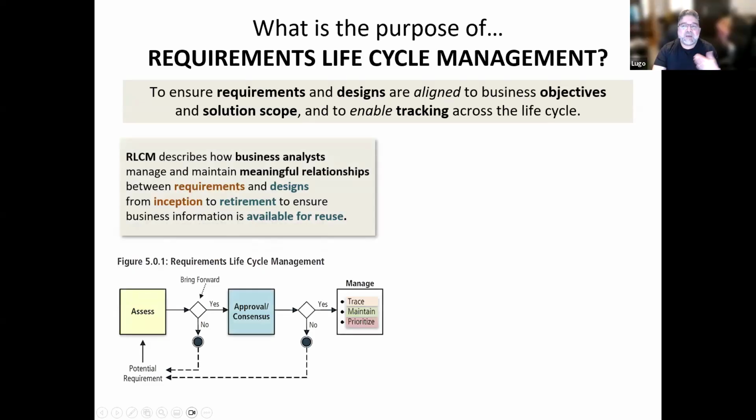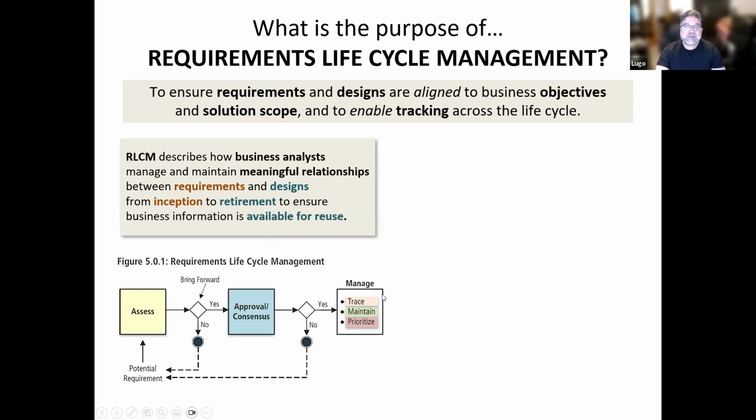The way that RLCM is described, it's basically how we manage and maintain meaningful relationships between requirements and designs, from inception to retirement, to ensure that all business information is available for reuse. We begin by assessing the requirements, determining whether or not we have approval and consensus.